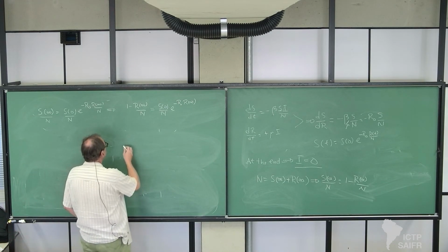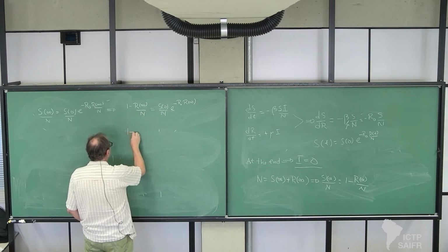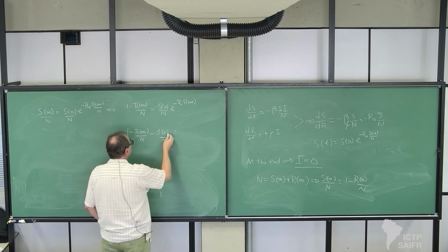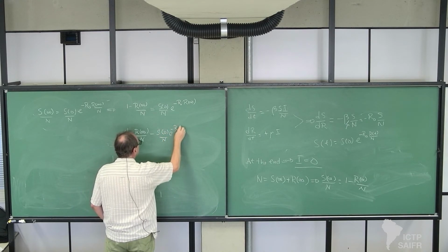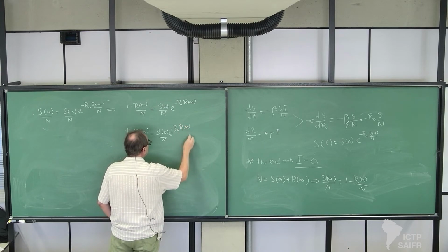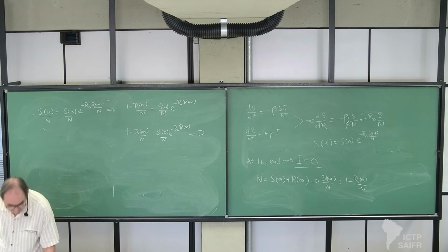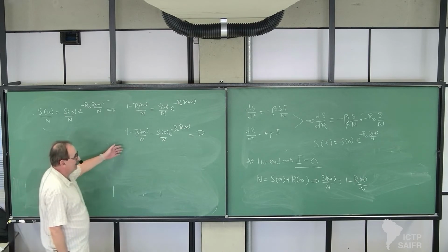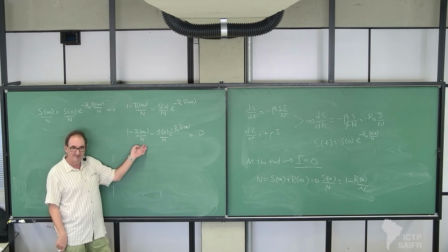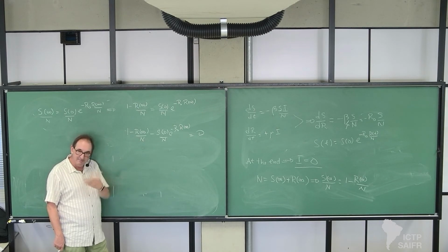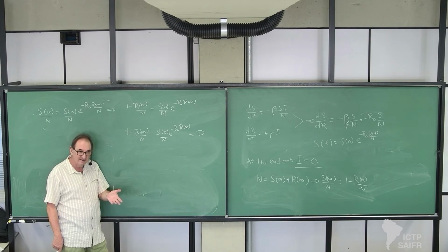Everything else disappeared, so I can write this like 1 minus r infinity over n minus s0 over n e to minus r0 r infinity equal to 0. What is this? This is a transcendental equation. You need this thing equal to this thing, so it can only be done numerically. But I can show that it has a solution.